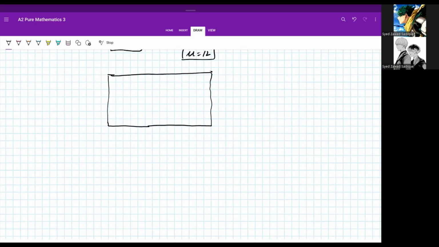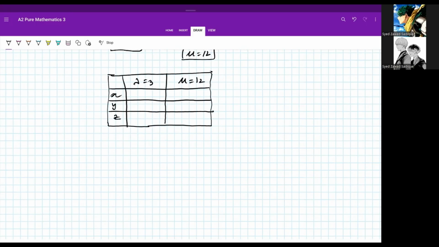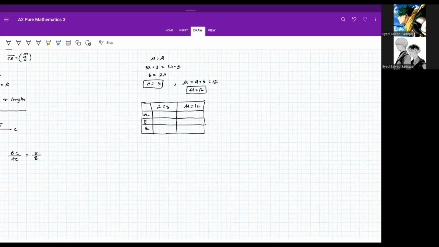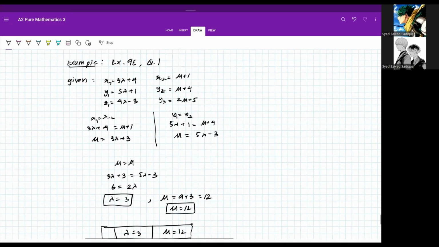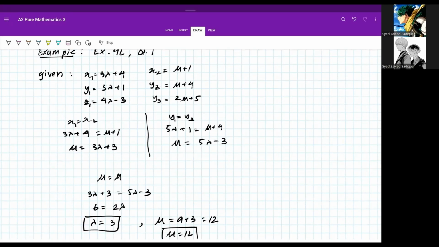So you can say this is x, L of x, L of y, L of z. Lambda is equal to 3 and mu is equal to 12. Now, what we do is we insert the lambda values in this equation and the mu values in these equations.